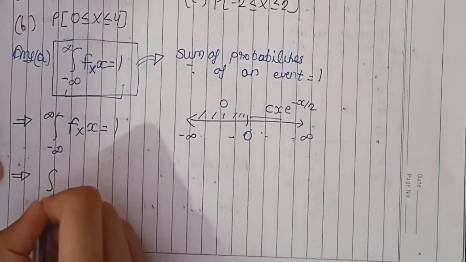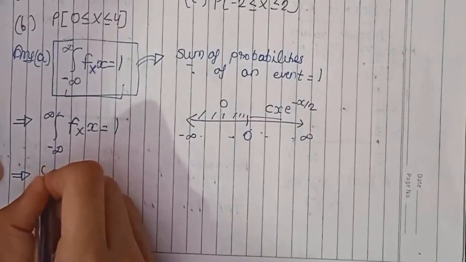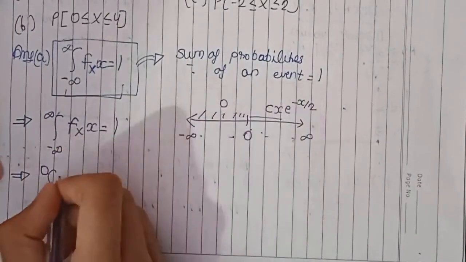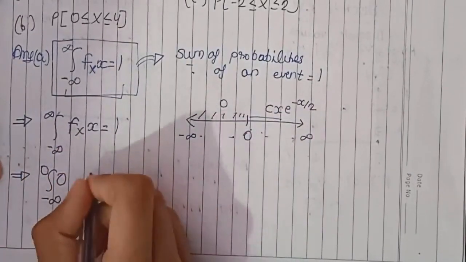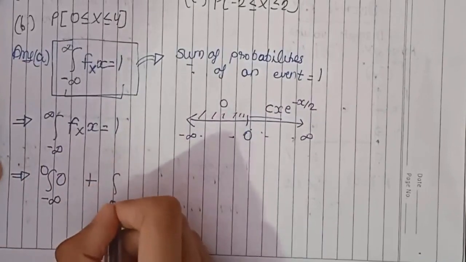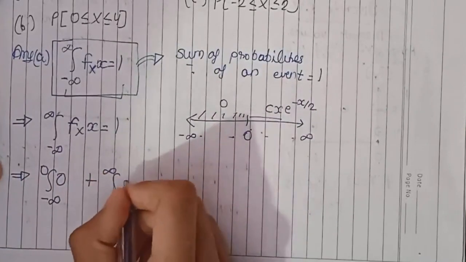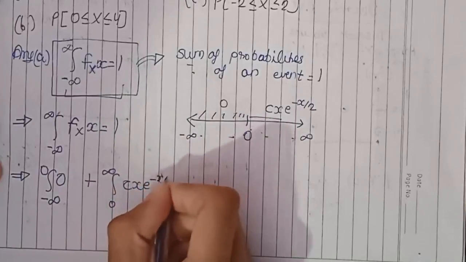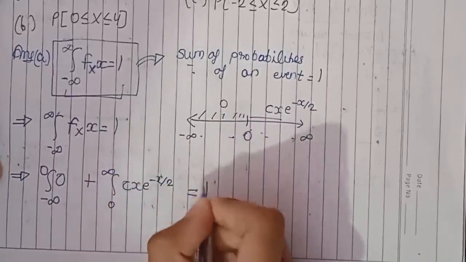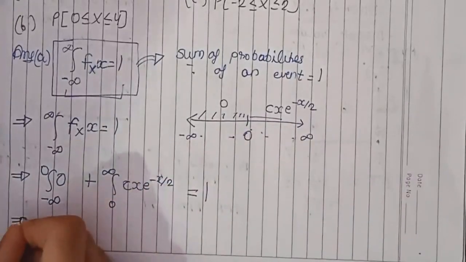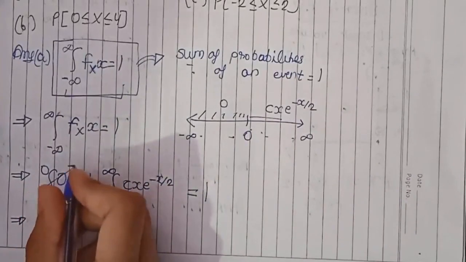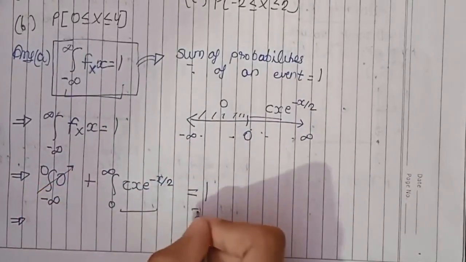Now let us put the PDF value here. From minus infinity to 0 the PDF is 0, and from 0 to plus infinity the PDF value is this, and this is equal to 1. So finally this will be equal to 0 and this integration will be equal to 1.